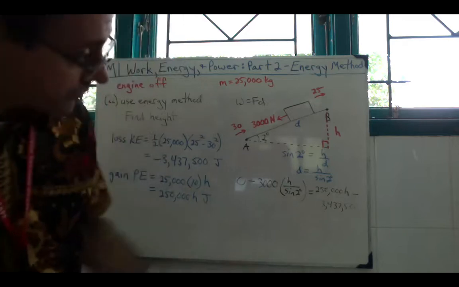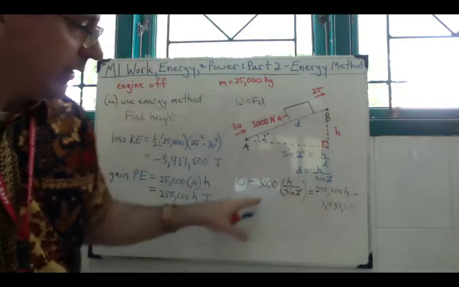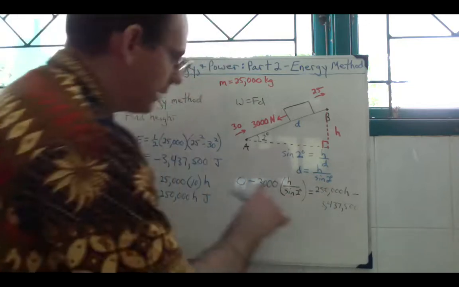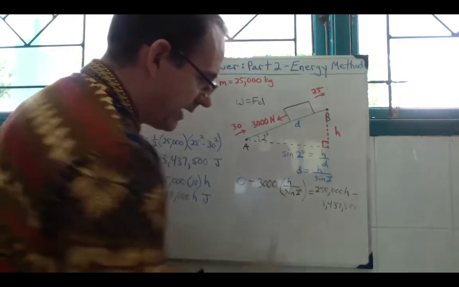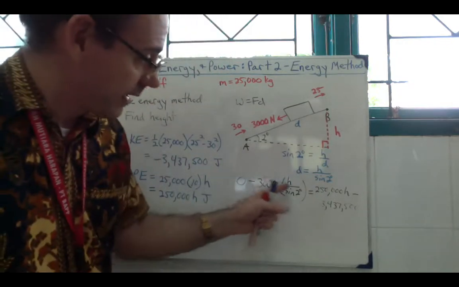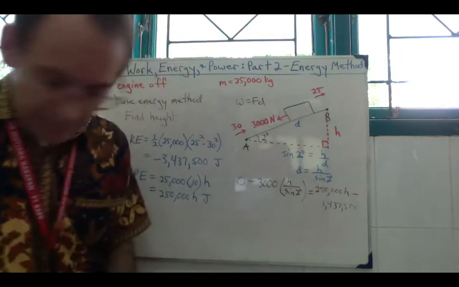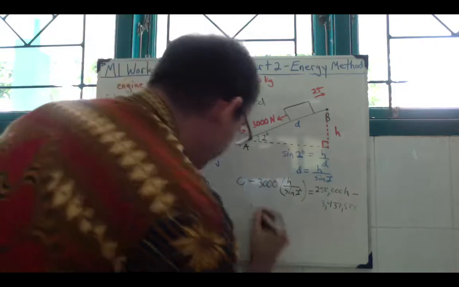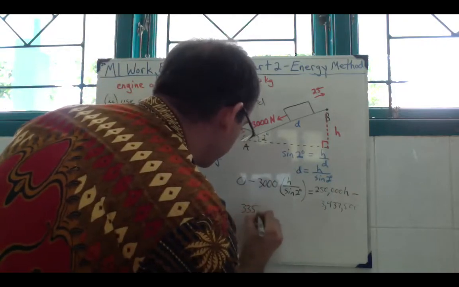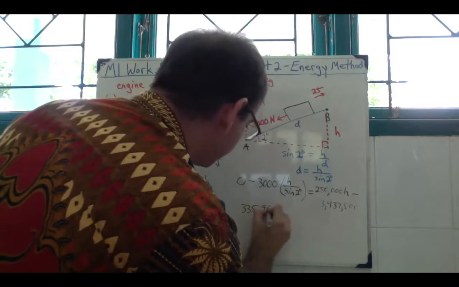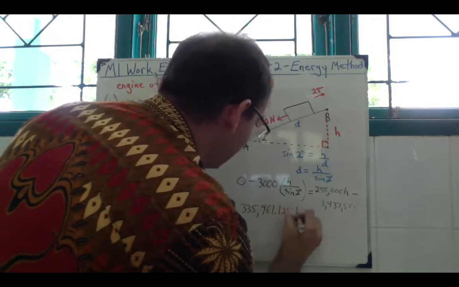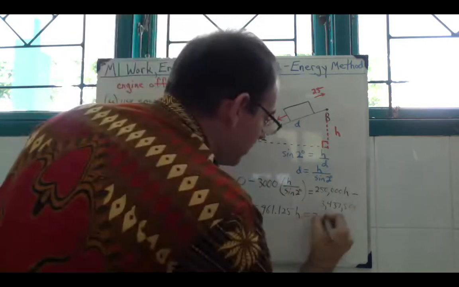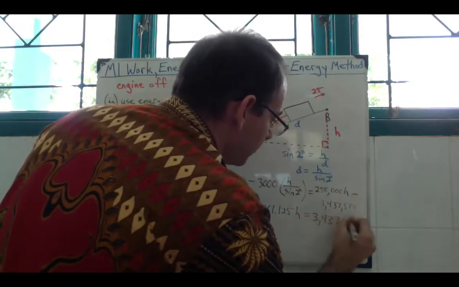in kinetic energy. So notice that this is negative. We can add this to the other side, and we can add this one over here. So if we add the 3,000 divided by sine 2, h, add that over with the 250,000, we get 335,961.125 h equals our, and we add this one to the other side, 3,437,500.